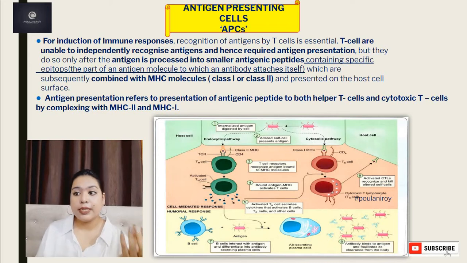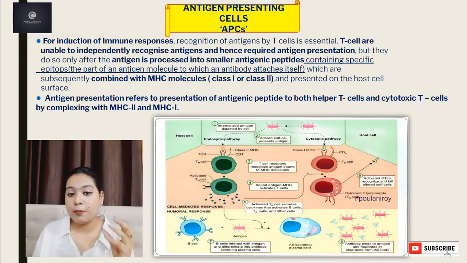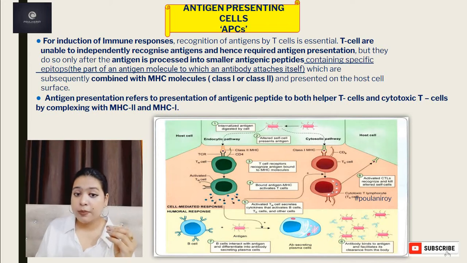Now see what is happening next. The activated CTLs recognize and kill the altered cells. If a cell is infected by a particular pathogen or antigen, and there is no room for cure of that cell, then ultimately that cell needs to get destroyed.